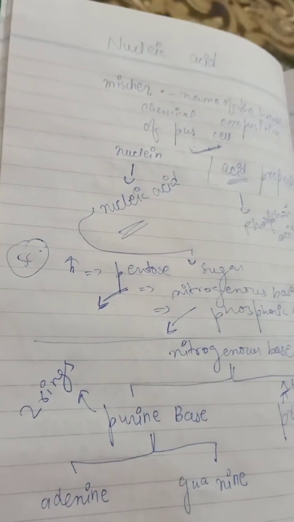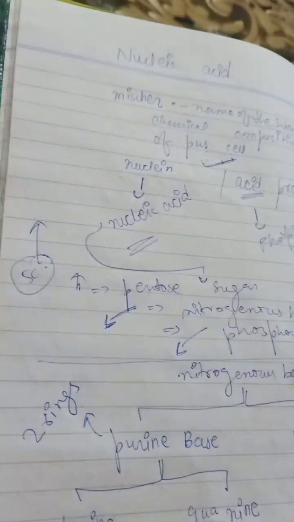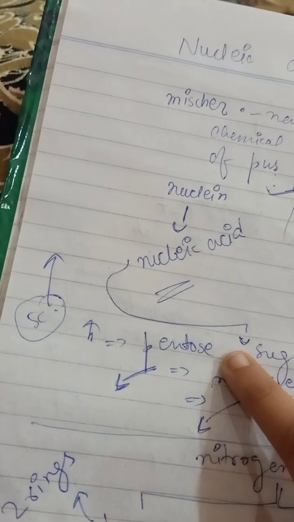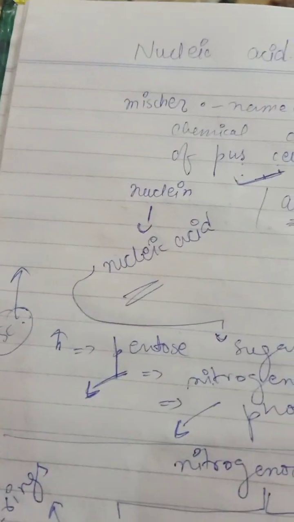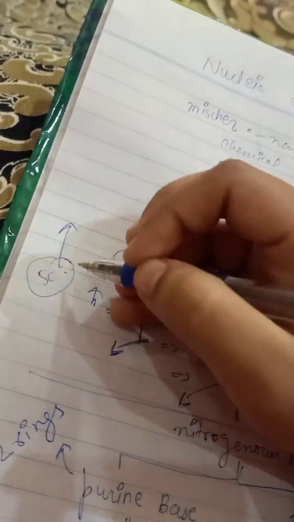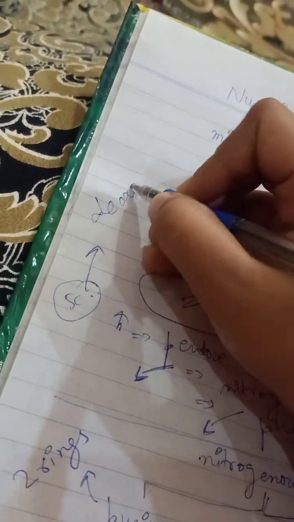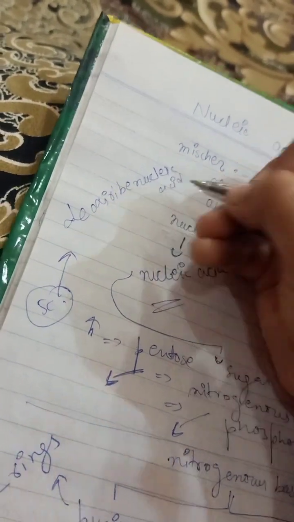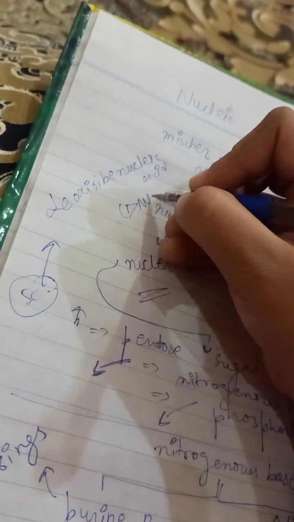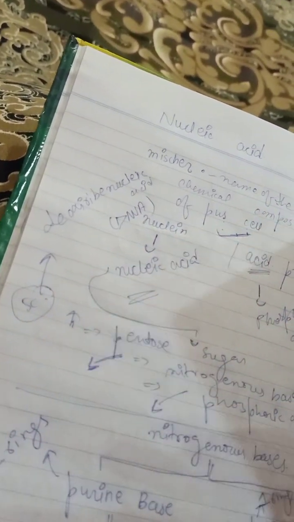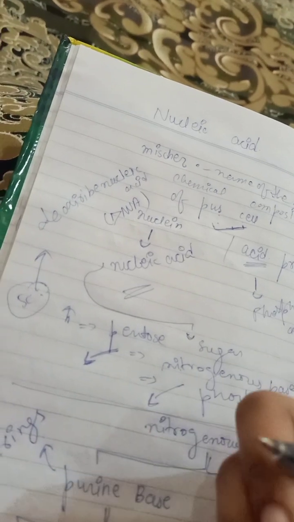Okay, first of all, one thing more: he observed the 5 carbon pentose sugar, and in pentose sugar he observed that the nucleic acids are of two types. One is the deoxyribonucleic acid, which everybody knows is the DNA, that is the genome of our body.